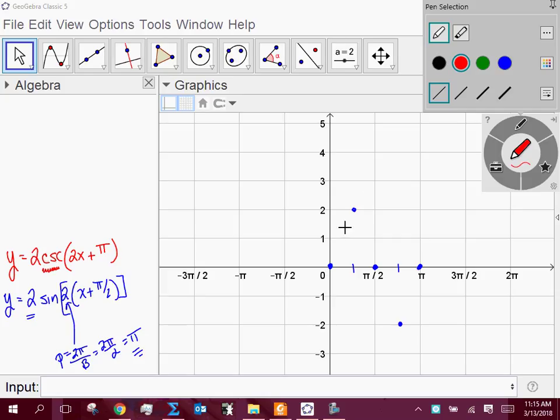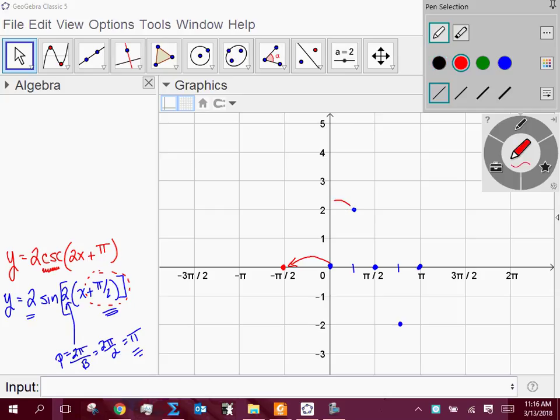However, there is still this horizontal shift. How far am I going to move each one of these points? Pi over 2. That tells me I'm going to move it pi over 2. Which direction? Left.